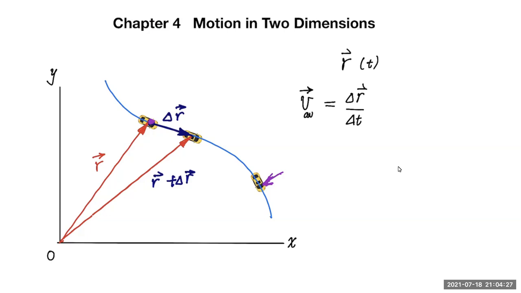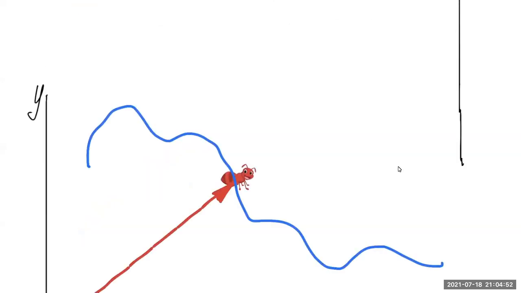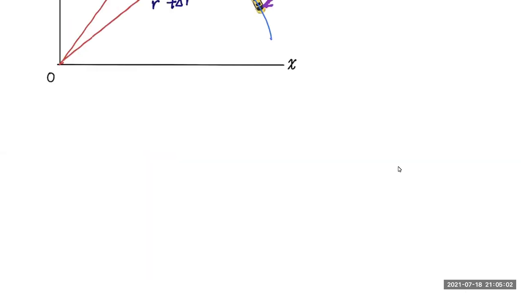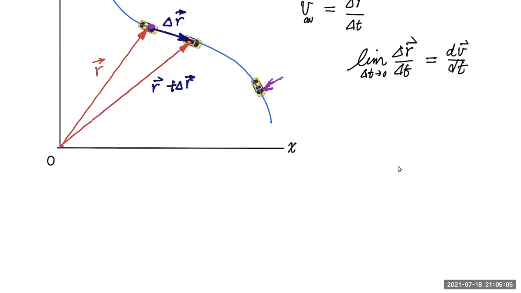So if you take the limit of delta t going to 0 of delta r over delta t, then what you're getting is, by definition of derivative, dr dt.